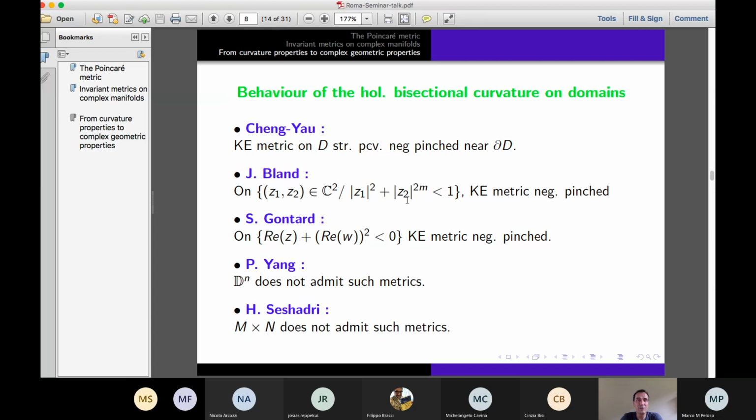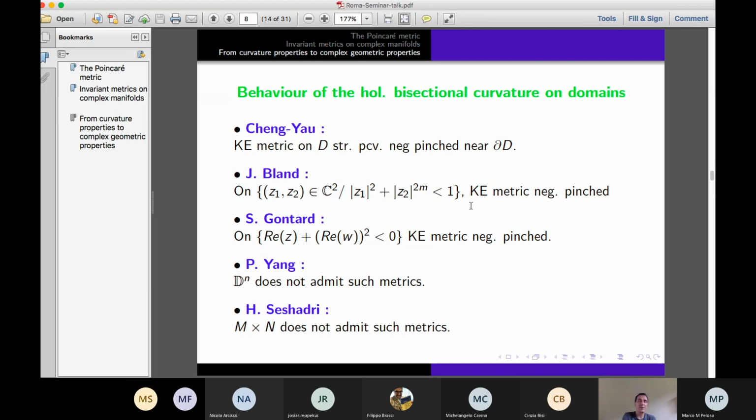There is a result by John Bland in the same direction. You consider an egg. It's not an ellipsoid, not a real ellipsoid, but it's an egg. In that case, in C2, John Bland proved that the Kähler-Einstein metric is also negatively pinched.